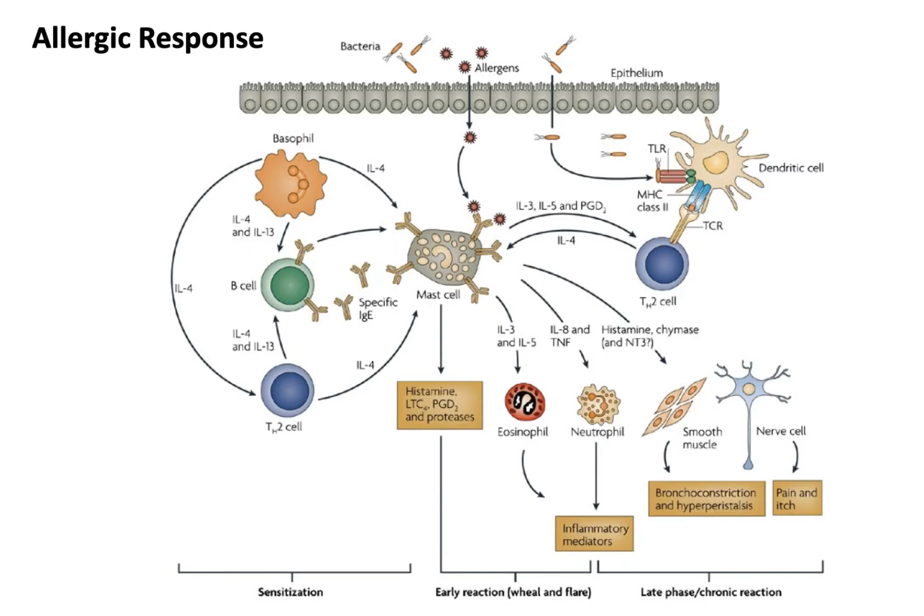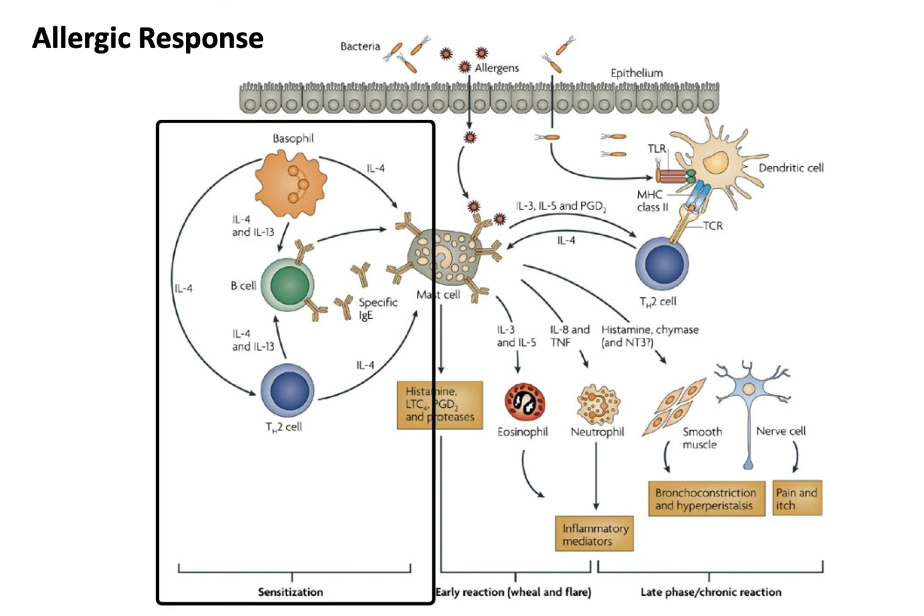On the other hand, sometimes the immune system can start overreacting to certain things. And so there's an initial sensitization phase that includes interaction of T cells, B cells, basophils, and mast cells to create this sensitization for particular antigens or allergens in this case.